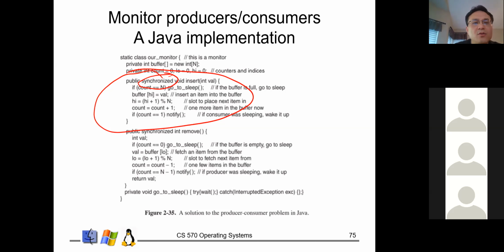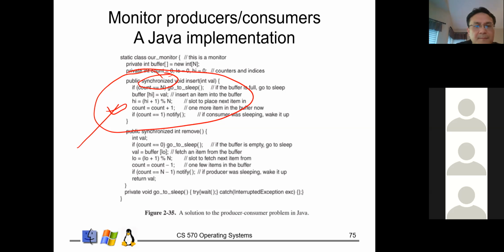When you declare your method, you use synchronized, and that will make the operation of your method a critical section. That's the support from Java to make your method a critical section.